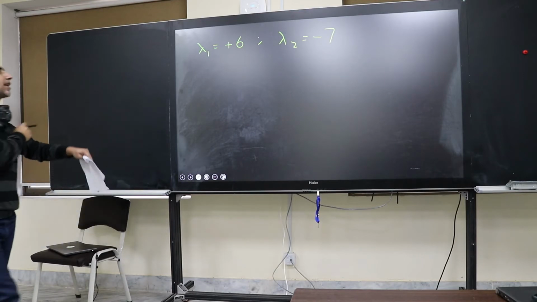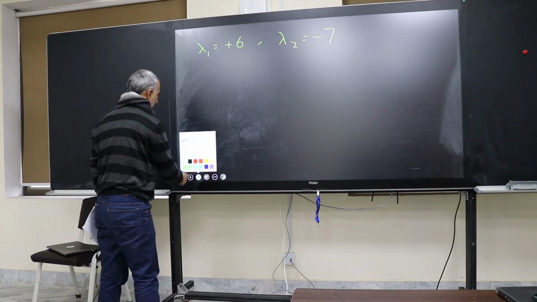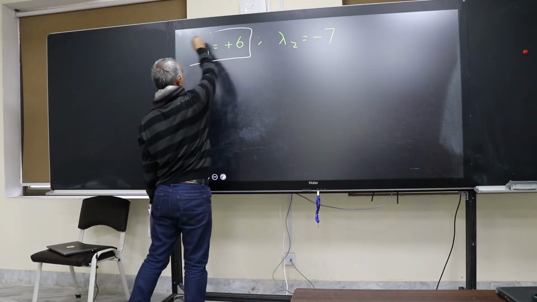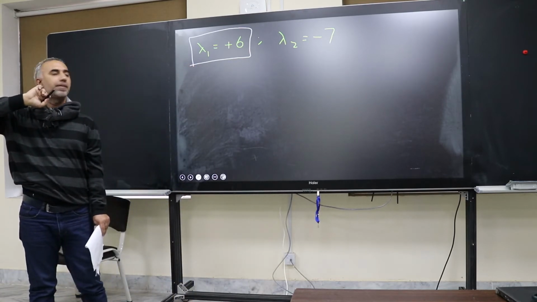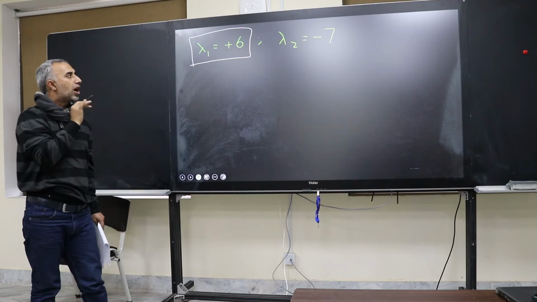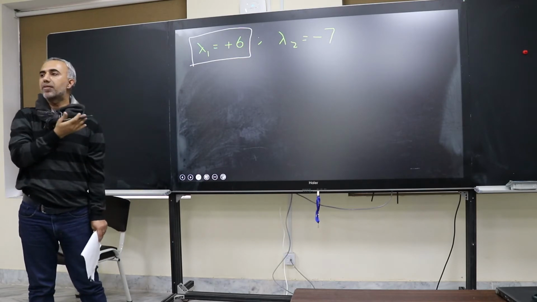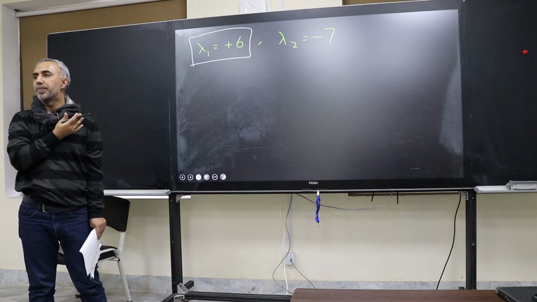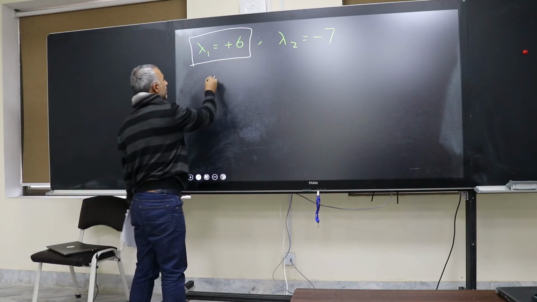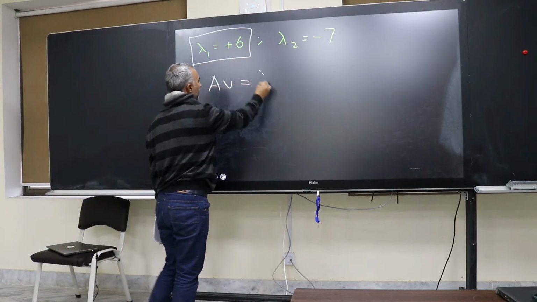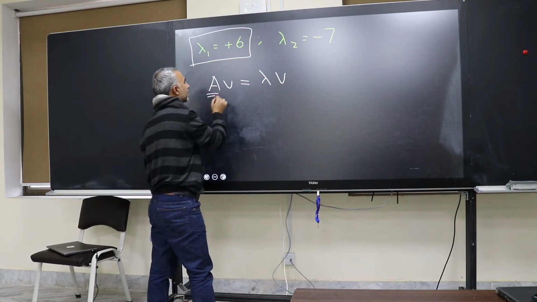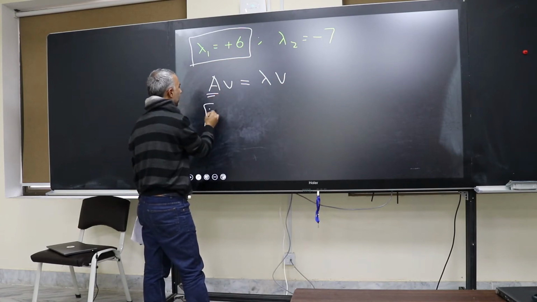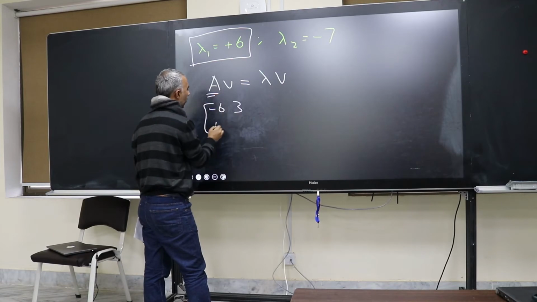Now we are considering this first one. I need your kind attention. We get this eigenvalue. According to the expression, we know the matrix: minus 6, 3, 4, 5.